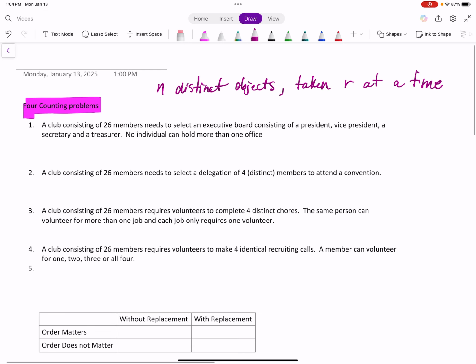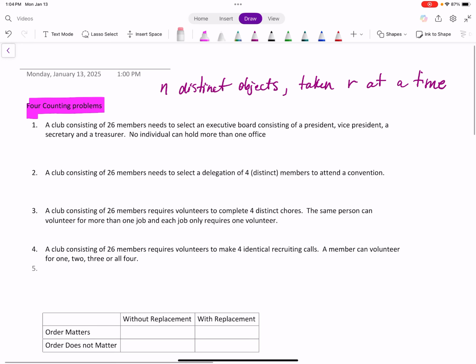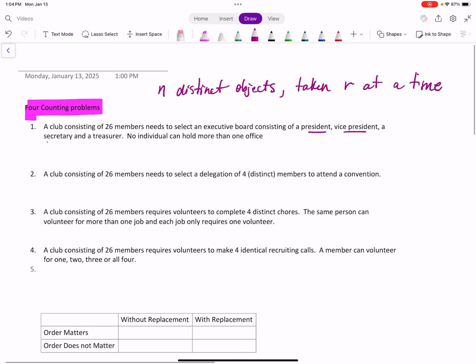First one, a club consisting of 26 members, so people are distinct, needs to select an executive board consisting of a president, a vice president, a secretary, and a treasurer. So here, N is equal to 26. Those are my distinct members, and I'm taking them 4 at a time.